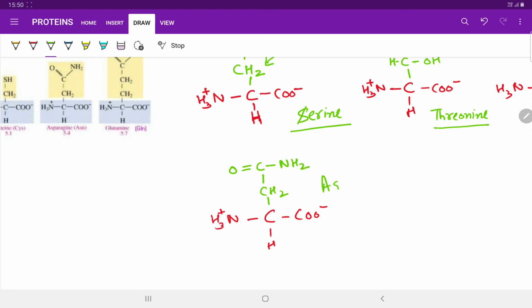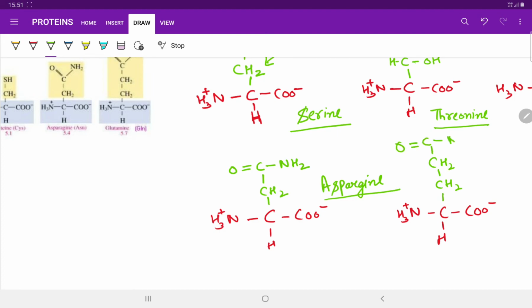It becomes asparagine, and on addition of one more CH2 group in the side chain, it will become glutamine. Now the structure of glutamine is also simple: CH2, CH2, C double bond O and then NH2. This is the structure of glutamine.